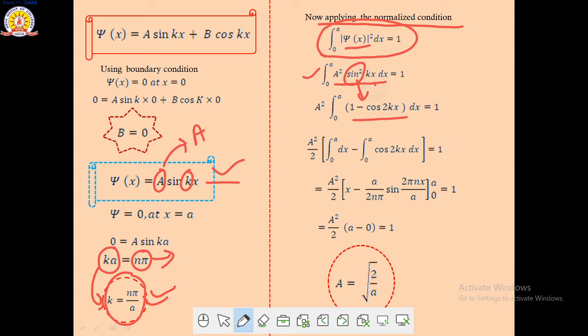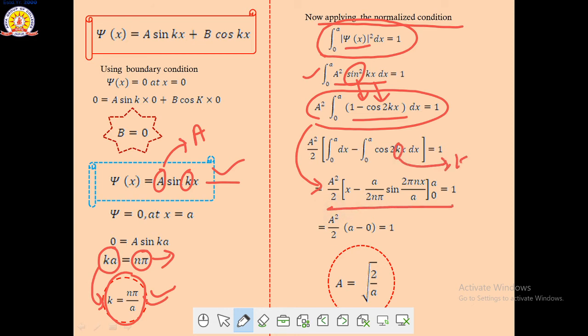That's why you have to convert it into 1 minus cos 2kx. So after solving that equation, you will get this, because here we already got k is equal to n pi upon a. That's why I put that value here, and then put in the lower limit and upper limit of this integration.